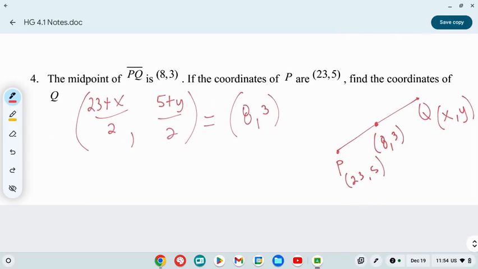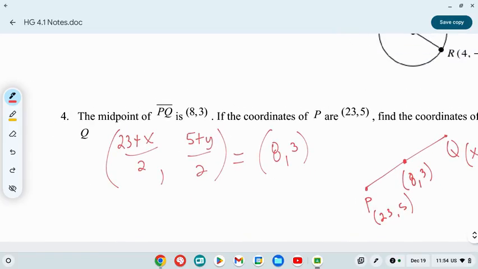So now we're going to set up two different algebra equations, one to find x and one to find y. So the equation for x would be (23 plus x) divided by 2 has to equal 8. And then the other algebra equation is to find y. So (5 plus y) divided by 2 would have to equal 3. The first thing I would do to solve this equation is get rid of the fraction.